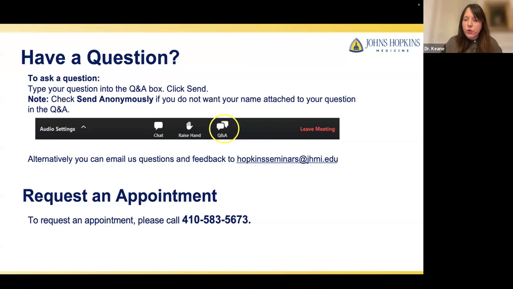So the first question asks, are you able to indicate which procedures are and are not covered by Medicare? And does it depend on the specific patient? So all of the endobariatric, all of the suturing procedures are now covered by Medicare.